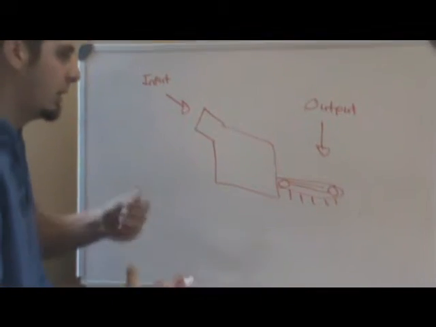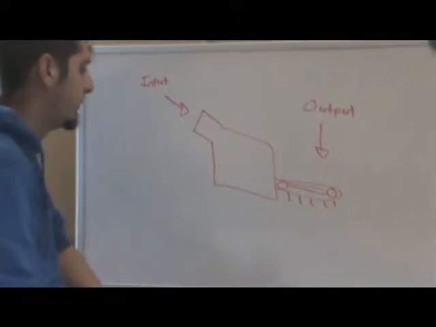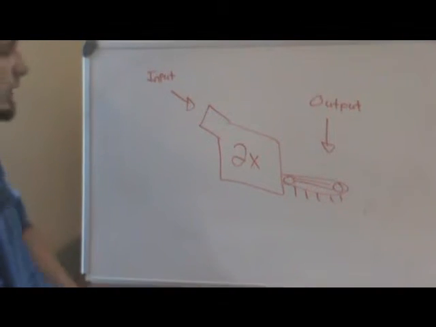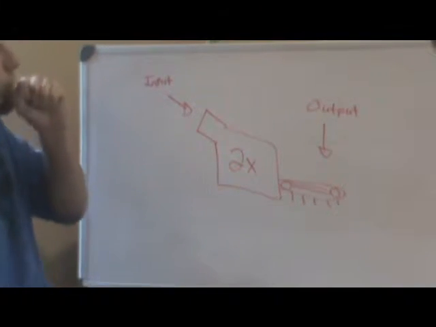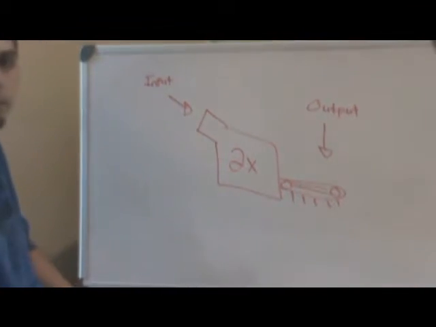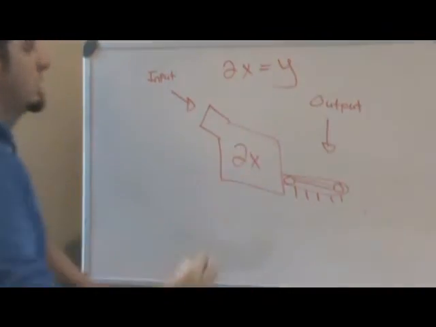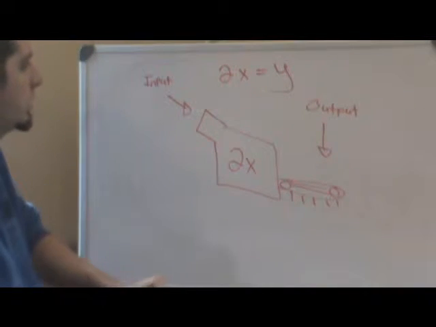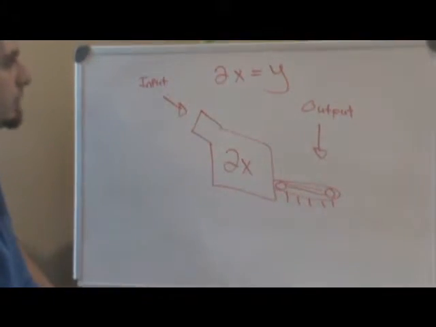It's got some sort of responsibility. What does my machine do? In this case, my machine doubles whatever I put in. And that's my output. So if I input 5, it doubles it, and I output 10. That's what this equation represents right here. That's what this function represents. The function of this machine is to double the input and give me an output that's twice as big.